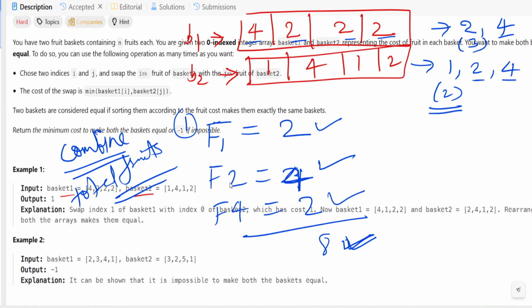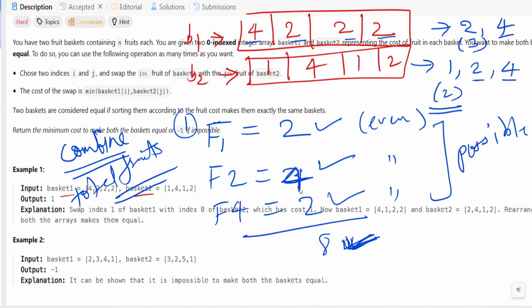All these fruits f1, f2 and f4 are coming even. After combining, the count must be even, because the final distribution gives equal, or you can say even, for both baskets. So it is possible, it is not impossible.